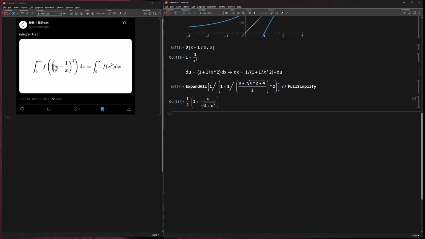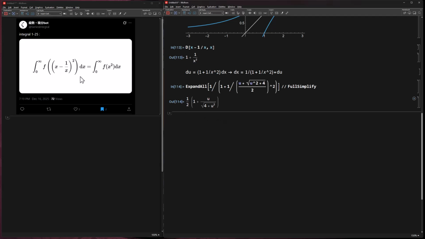If you take a look at the left-hand side of the integral again, you will see that you can split this integral into two parts. One is x from 0 to 1, and the other part is x from 1 to infinity. For x equal to 0, u is minus infinity.